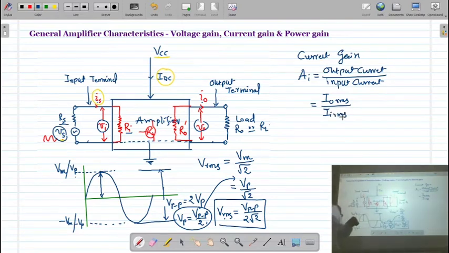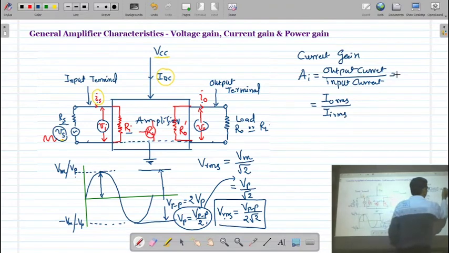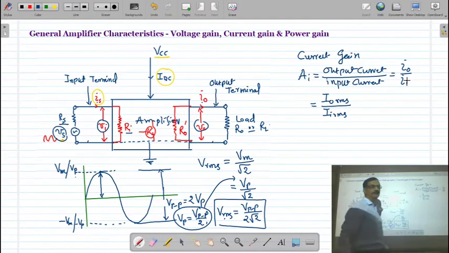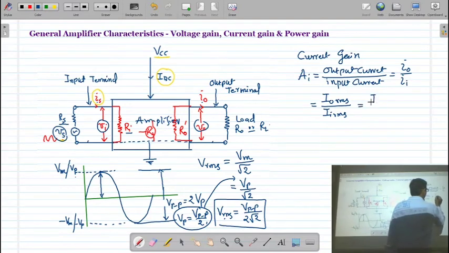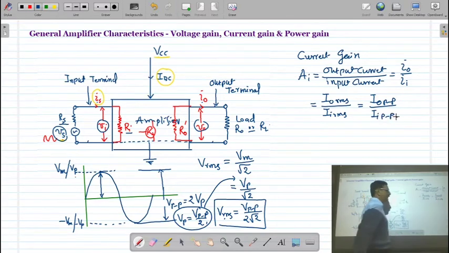You cannot take this ratio as the instantaneous value of the output current and the input current. Or you can have IO peak to peak value divided by II peak to peak value.